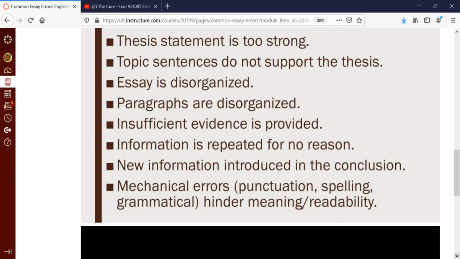And of course, one of the biggest errors, apart from content and organization, is what we call mechanical errors. So errors in punctuation, spelling, syntax, grammar, to the point where the meaning is obscure or it's hard to decipher what you're really trying to say, right?